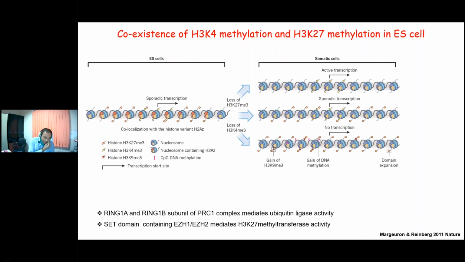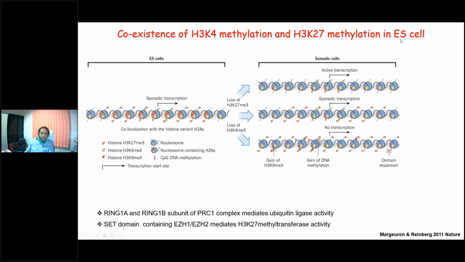And this bivalent situation is specifically identified in embryonic stem cells, because embryonic stem cells can take several different lineages. Okay, and this is one of the mechanisms through which a particular gene can be repressed, and a particular gene can be activated.